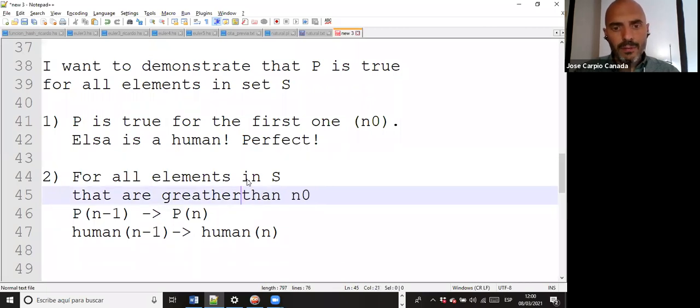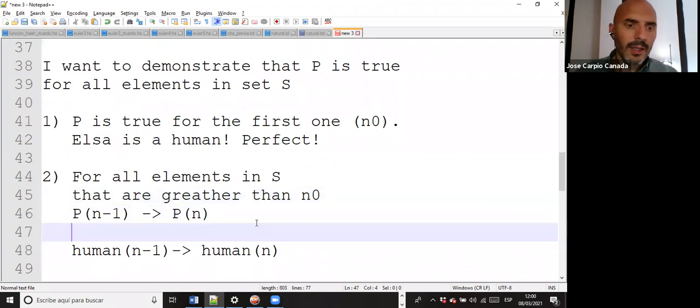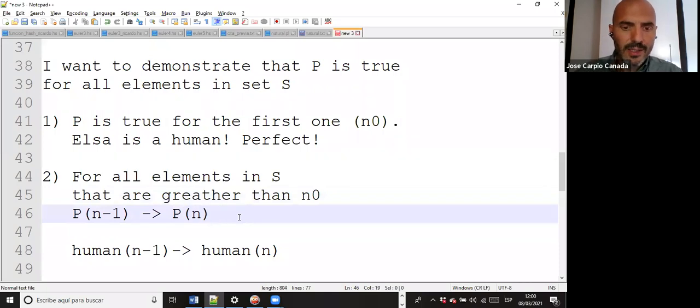We apply this rule: if the property is true for n-1, I can say that this property is true for n. This is a logic rule. Let's talk a little bit about that.